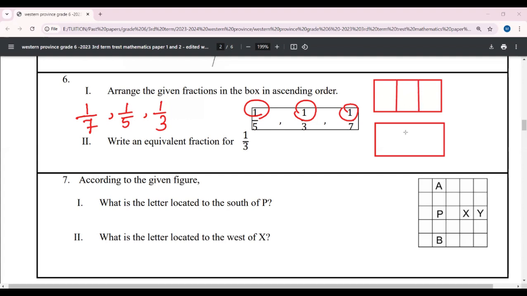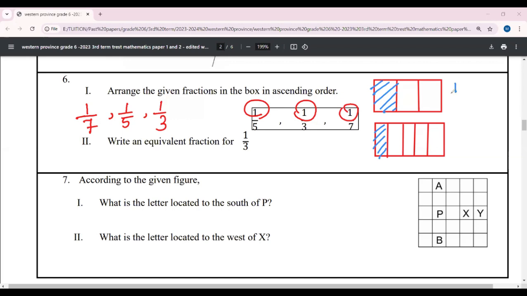Here the same chocolate I divide into 5 parts. Let's assume all these parts are equal in size. Then this is 1 over 3, and this is 1 over 5.